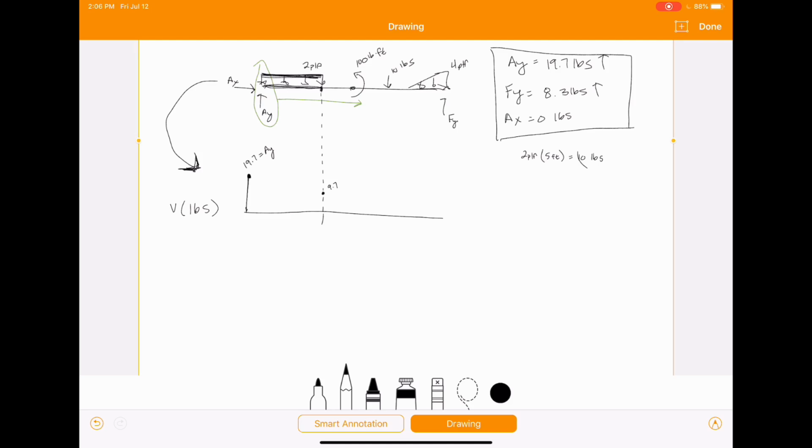So we have an X to the 0 power up here, which just translates to 1, right? We don't have an X for this line right here. So when we move down to our shear, we increase the power by 1. So we need to have an X to the 1 power. And again, this is going down, so we're just going to have a negative linear line to that 9.7 right there.